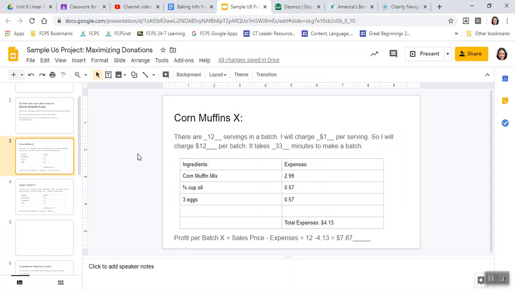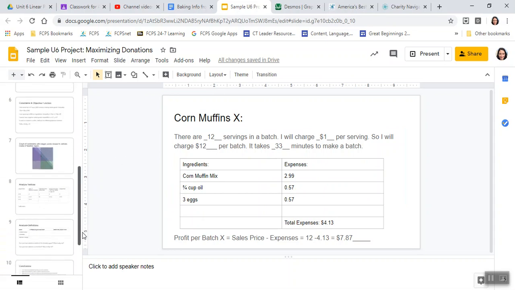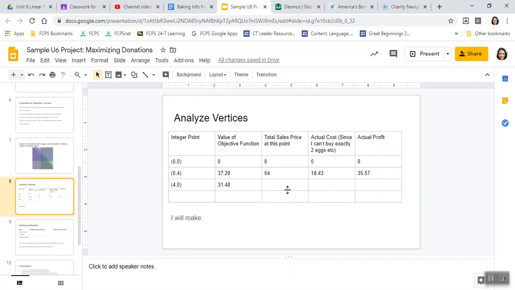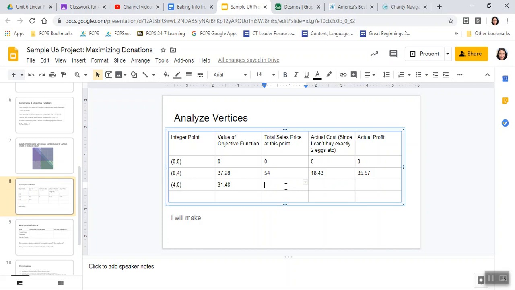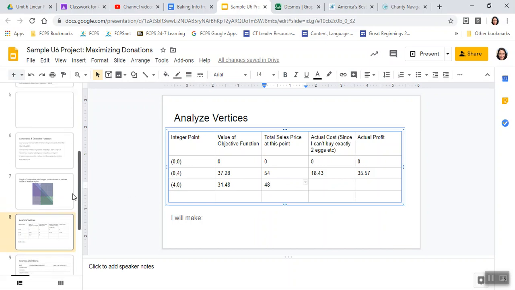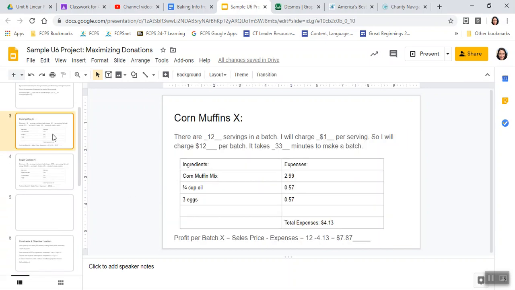So 12 times 4 is 48. Alright, and then I need to find the actual cost of making 4 batches. So let's go back. I need 4 muffin mixes. I'm going to need 4 times 3/4 cup of oil, and I'm going to need 4 times 3 eggs.